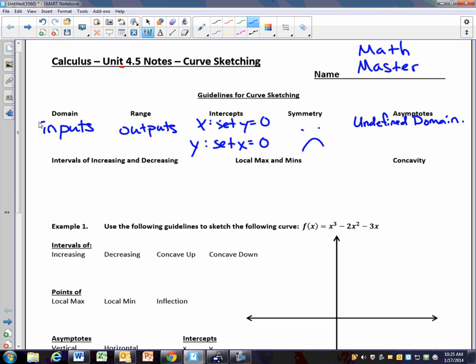So let's say your domain is negative infinity to infinity, but when you look at the function, you then find that there's a domain restriction where you can't have x equal to, say, 2. A lot of times you're going to have a vertical asymptote there. Now, if that discontinuity is removable, though, you just end up with a little dot. Remember that when we graphed that in class? So there are situations where you don't necessarily end up with an asymptote.